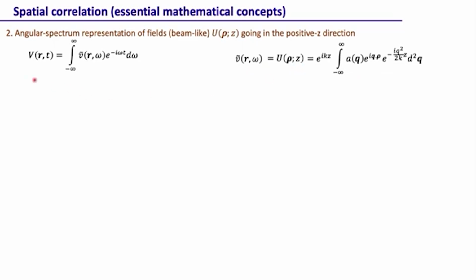So here let me also make a comment that things are looking a little different in the spatial degree of freedom than they were in the temporal degree of freedom. This is because we are handling space in a slightly different manner than time. In the case of time, we just took a simple Fourier transform between t and omega, but in the case of space, we have this three-dimensional space, but we split that as a two-dimensional rho and z, and then take a two-dimensional Fourier transform only, and z stays as it is.